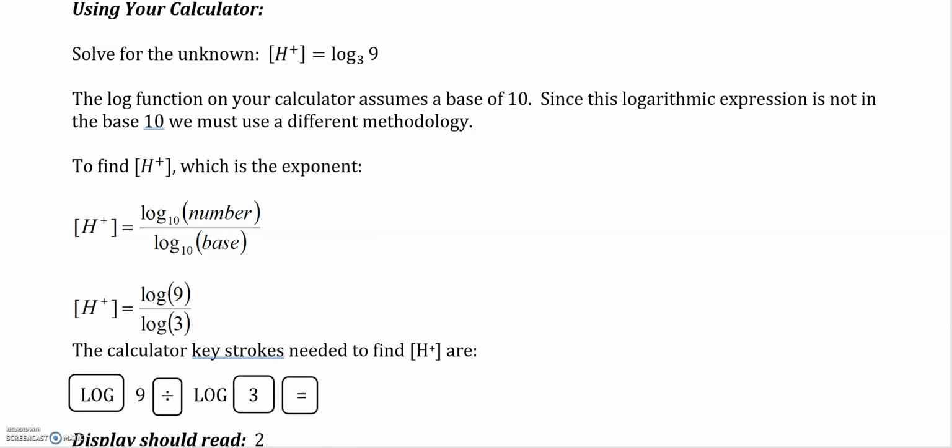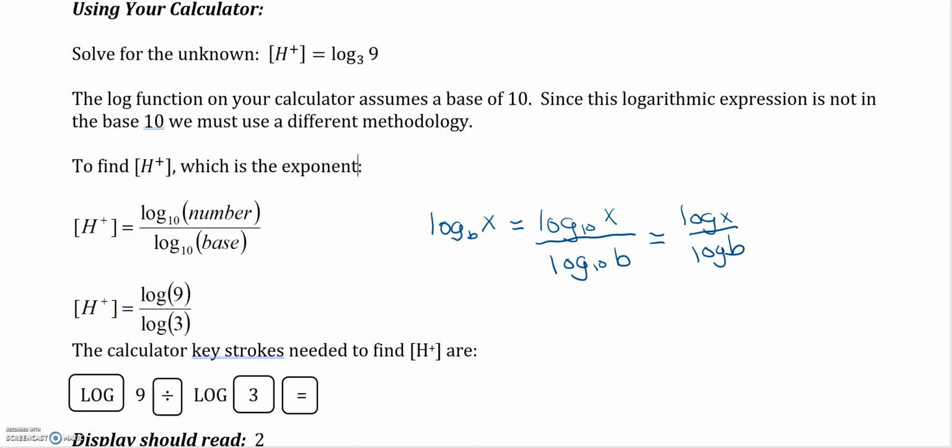Anytime we want to evaluate a log of a base other than 10 on our calculator, so we have log of base b of x, we can evaluate it using our log of base 10 button. So it's equal to log of base 10 of x divided by log of base 10 of our base b. So that's log of x divided by log of b.